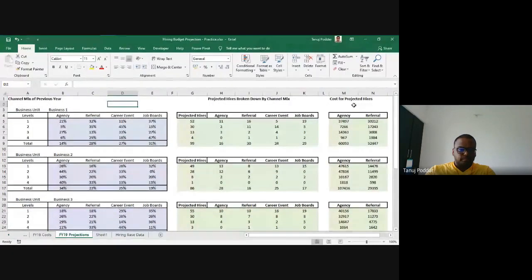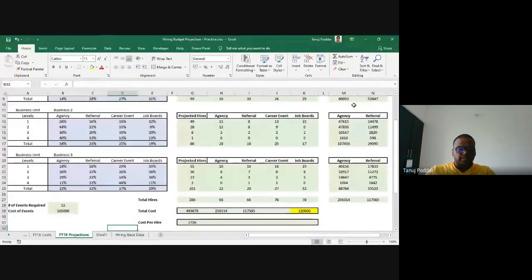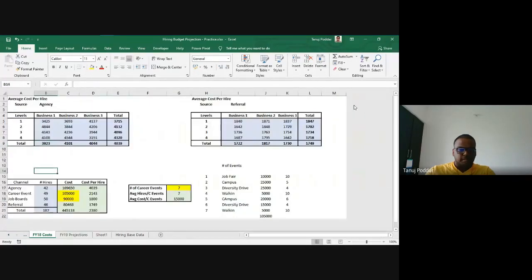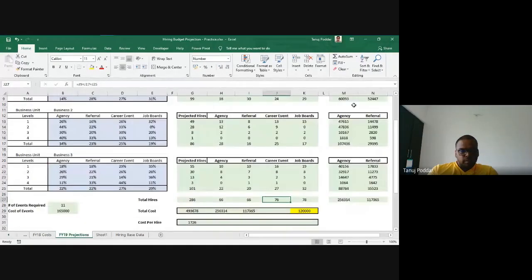So if on an average I had 7 hires per event last year, I did 49 hires, so I went to 7 events. In the same scenario, if I were to hire 76 people, how many events will I have to conduct or be part of?